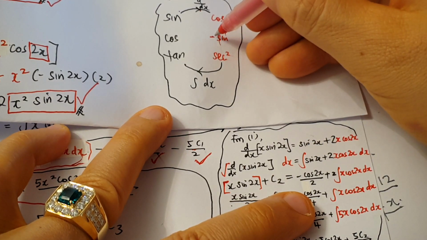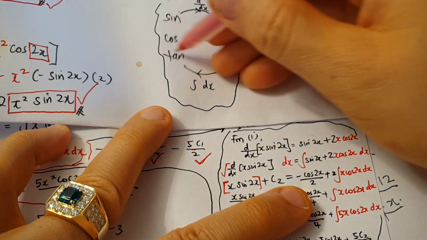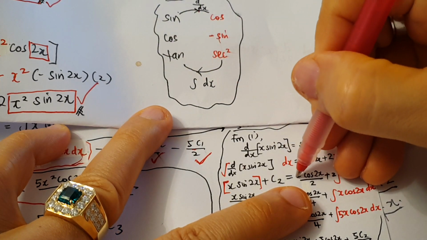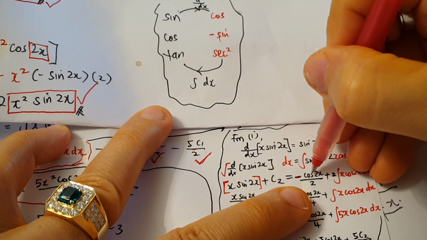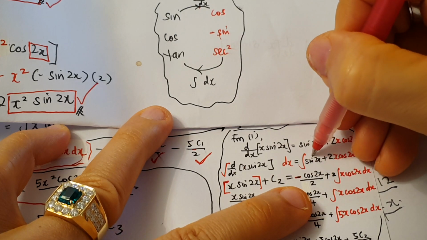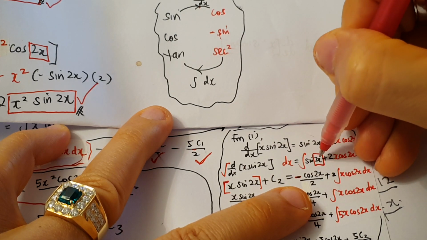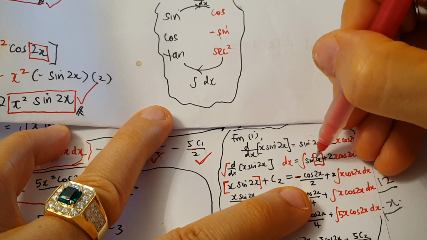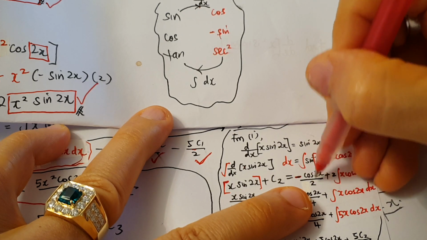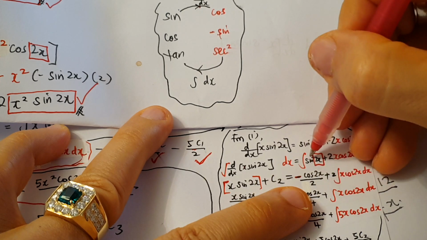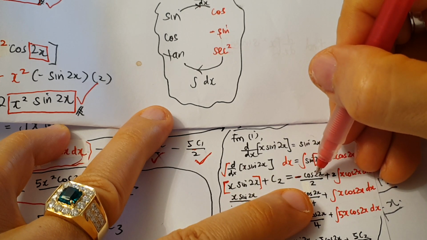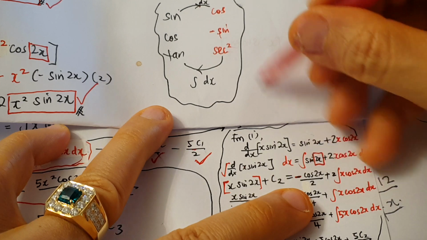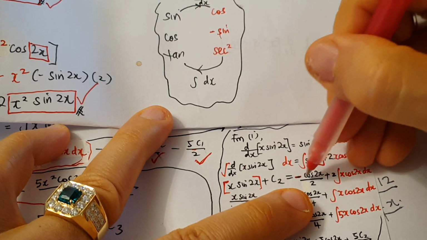I will have this minus thrown over to this other side, so I'll get minus cos 2x, but I need to differentiate the 2x, then divide by the answer, which is 2. Differentiate 2x is 2, right? So I got to divide. Integration, I divide. Differentiation, I times. So I hope you know how to get from here to here.